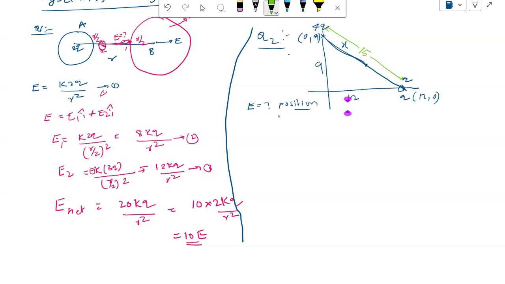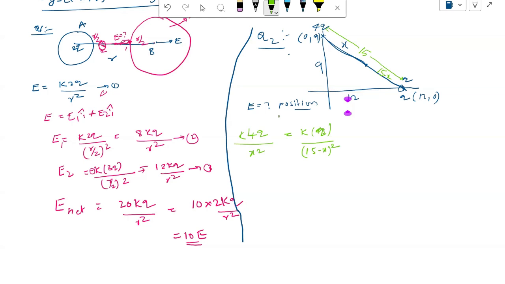Now from 4Q I have taken x distance where the field is 0. Then from Q it is 15 minus x. Therefore, the field is 0 at x when k into 4Q by x square is equal to k into Q by 15 minus x whole square.